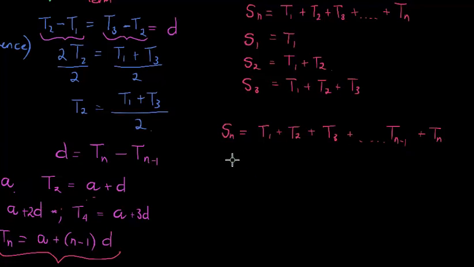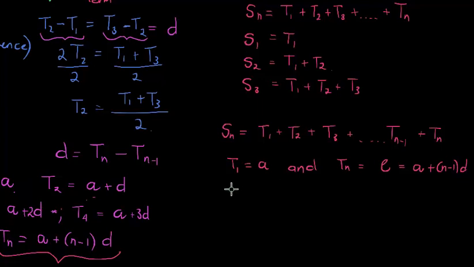Let's say T1 is equal to A and Tn is equal to L. L for the last term. Now we already know that the last term is A plus (n minus 1)d. We know that, isn't it? Because that's what Tn is, but we'll not use that for now.